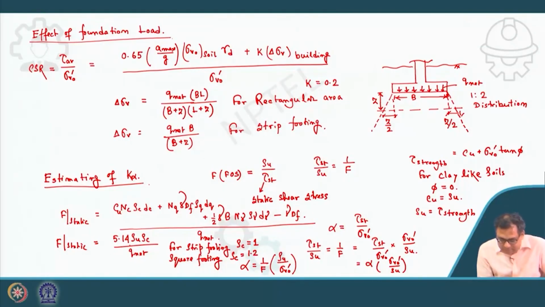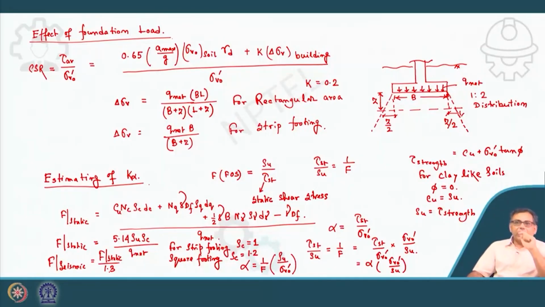Now this is for static factor of safety. Now the seismic factor of safety is less than the static factor of safety. So for seismic, generally that is static divided by 1.3, or seismic factor of safety is 0.75 times the static factor of safety.